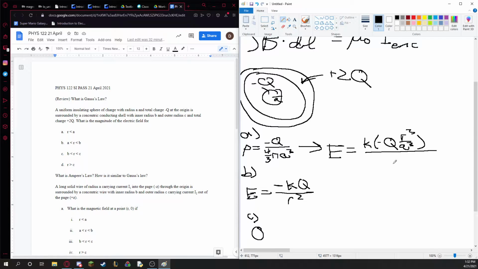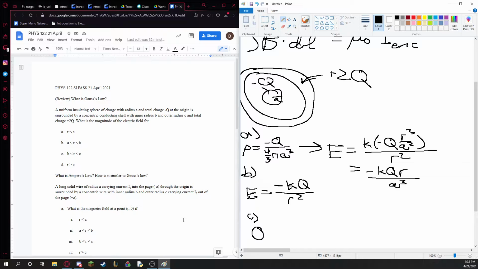K times Q enclosed over r squared ends up being negative K Q r over a cubed, because our r squared cancels out. Nice and easy. That's just some basic review from last month with Gauss's law, where we're finding the electric field based on enclosed charge.